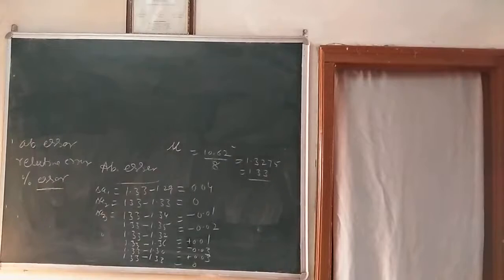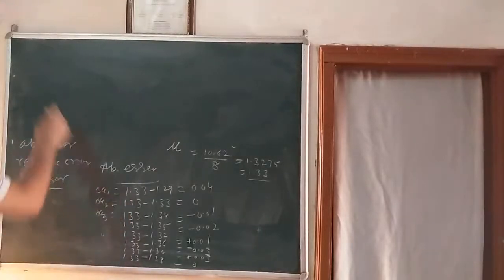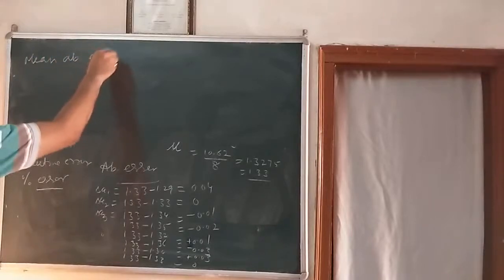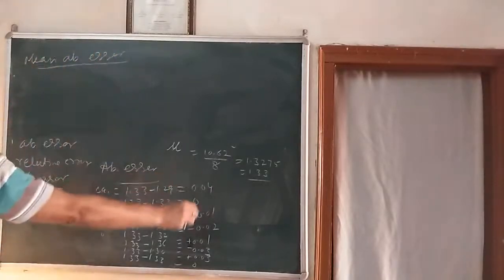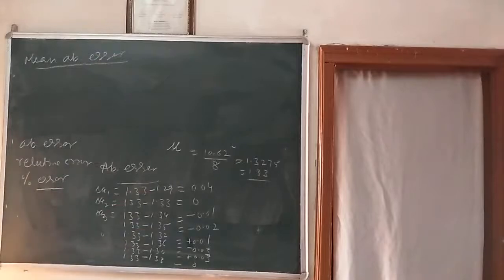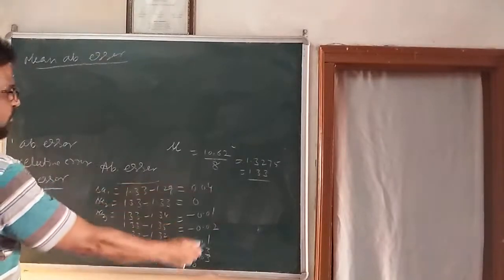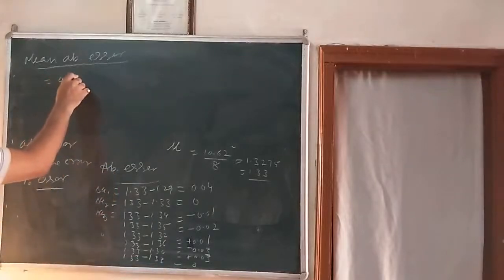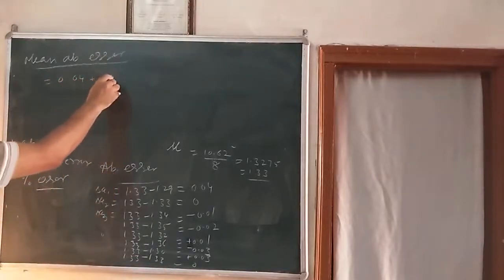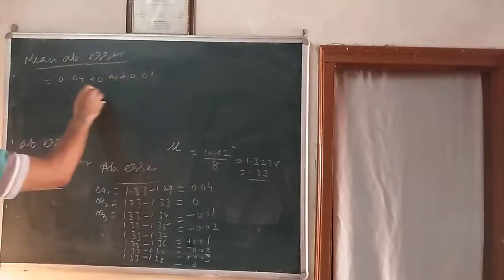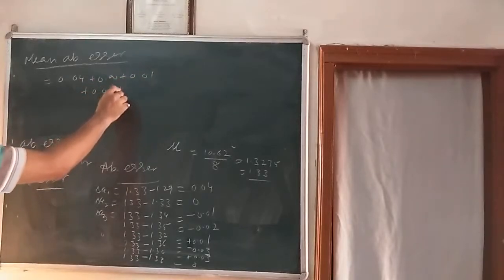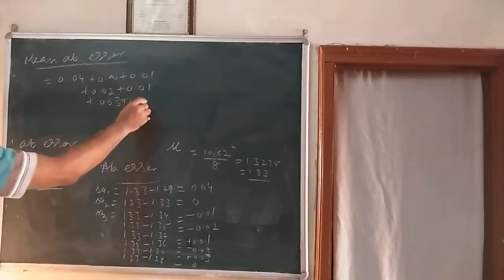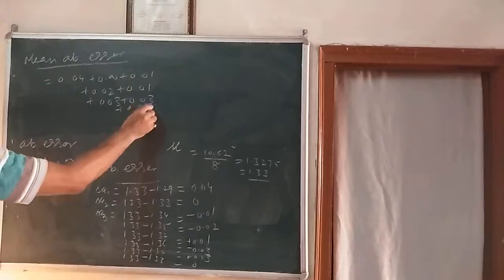Now, if you want to find out mean absolute error, then add all of these: sum of it and divided by 8. Then what are you getting here? 0.04 plus 0.00 plus 0.01 plus 0.02 plus 0.01 plus 0.03 plus 0.03 plus 0.00.